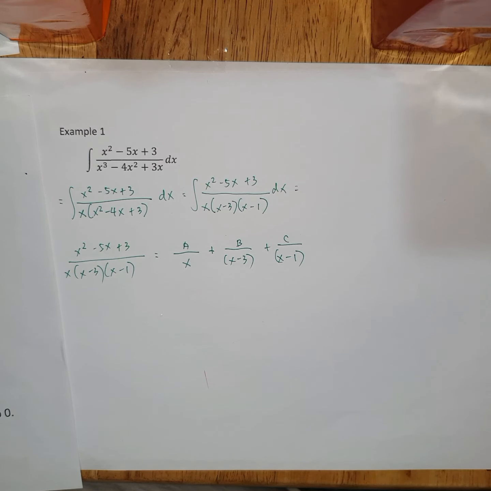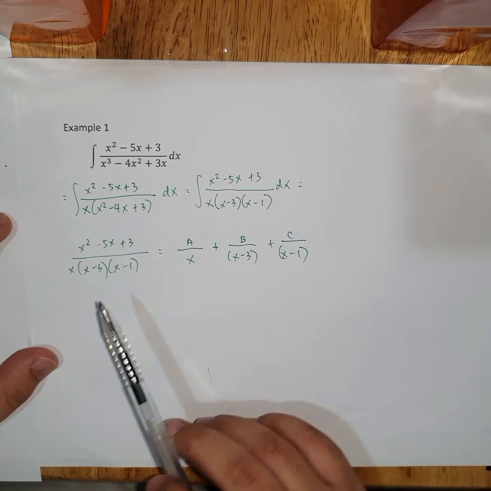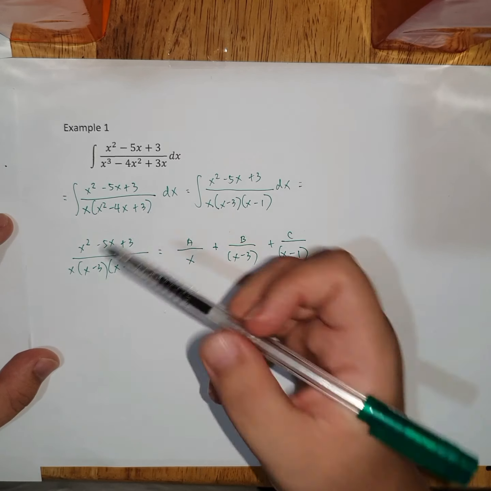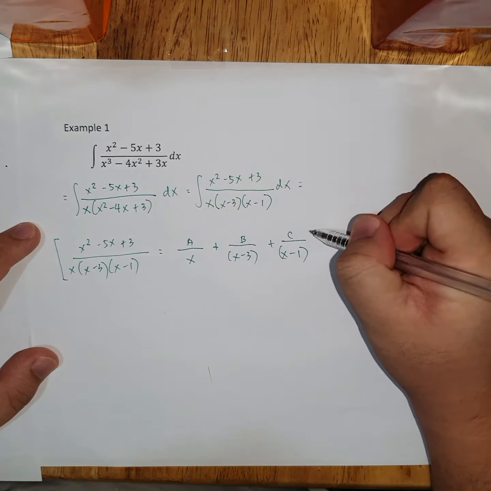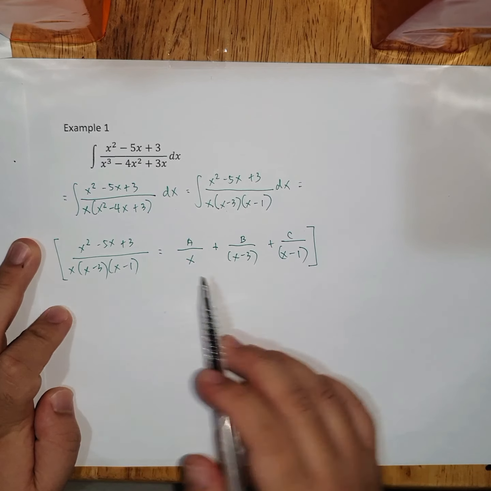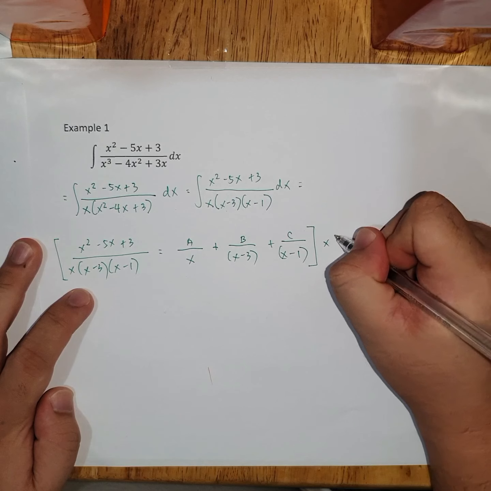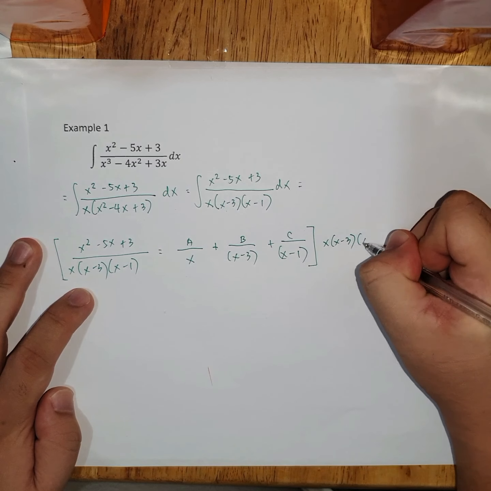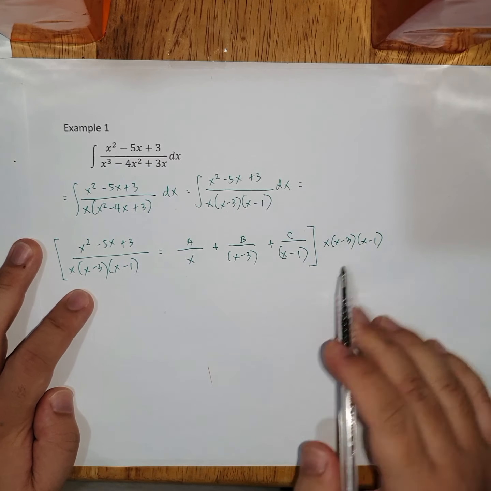So, after natin makukuha yan, so what we can do is to simplify yung ating given equation. So, gagawin natin is to multiply both sides of the equation by the common factor natin. So, x times x minus 3 times x minus 1. Okay?